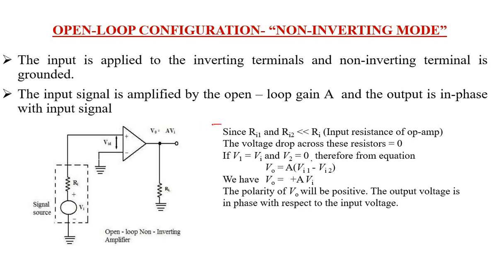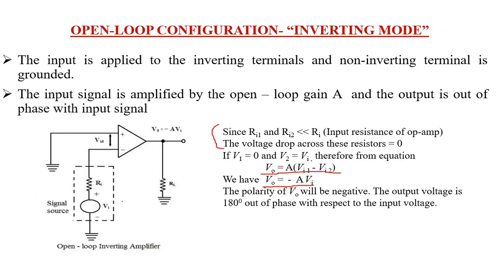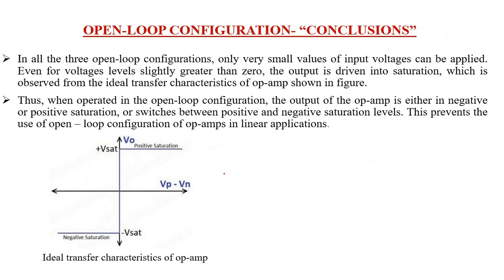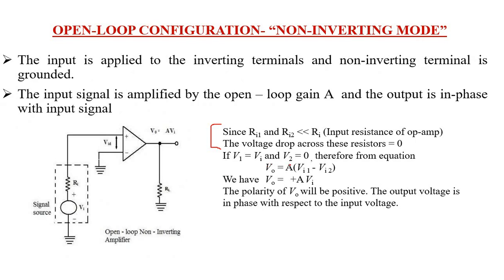If V1 is equal to Vi and V2 is equal to 0, which is opposite to the inverting case where V1 is equal to 0 and V2 is equal to Vi, then from this equation we get Vo equal to plus A Vi.